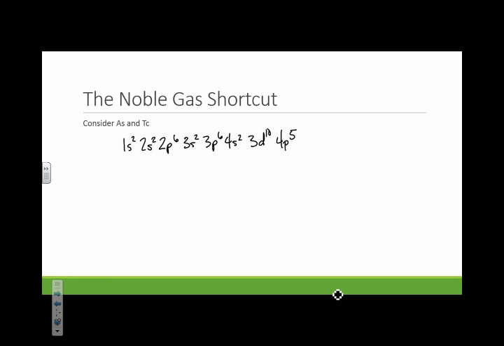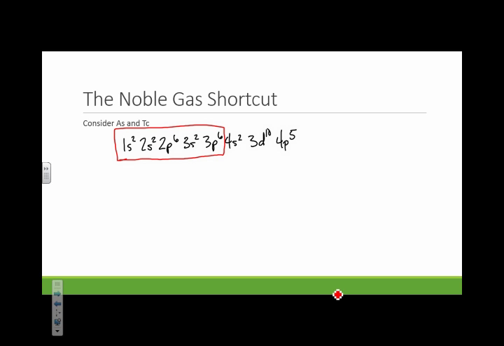The noble gas shortcut is I need to go to the last noble gas that I went to on the periodic table. And if you look back 1 row from arsenic, you'll see that the last noble gas was argon. And argon's electron configuration looks exactly like this.